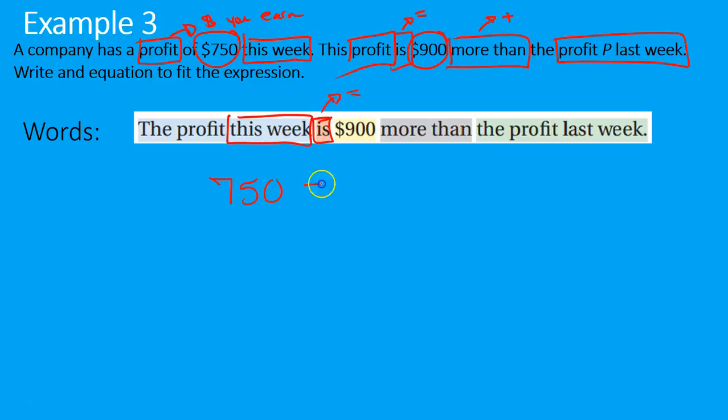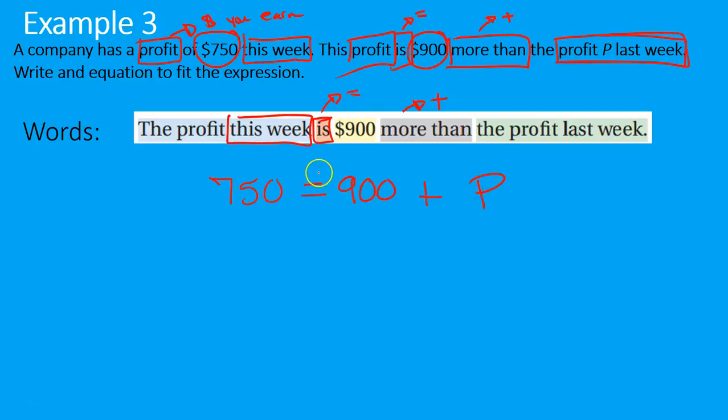So $750 equals $900. So we're going to bring down $900 more than, well, we said that the word more than means we're going to add more than the profit last week. Well, let's look back at what we have. The profit last week, well, it tells us profit P. We don't know. That's what we're trying to find. What was the profit last week? We don't know, so we're going to put P.